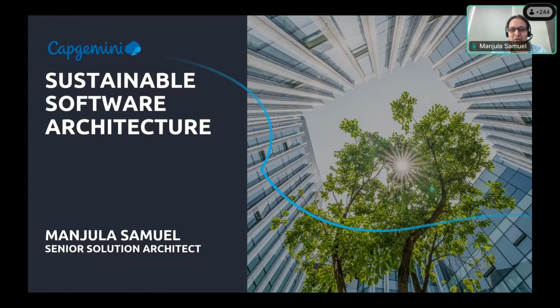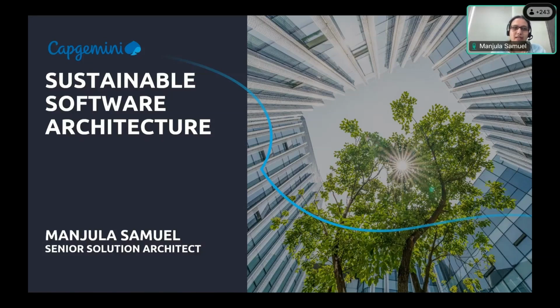Hello, everyone. Welcome to the session on sustainable software architecture. I'm excited to have you join us today as we explore the intersection of technology and environmental responsibility. In today's rapidly evolving digital landscape, the demand for innovative software solutions is greater than ever before.